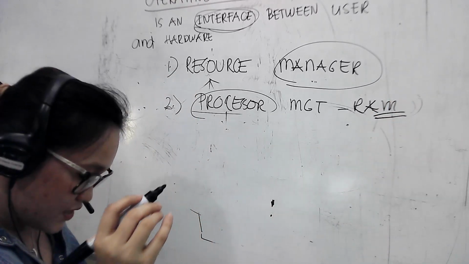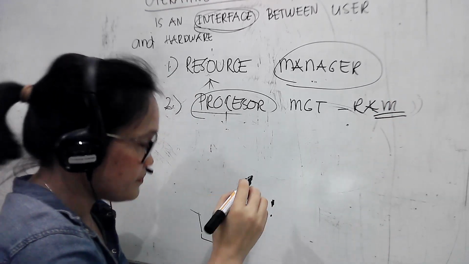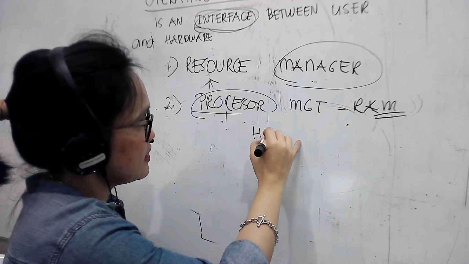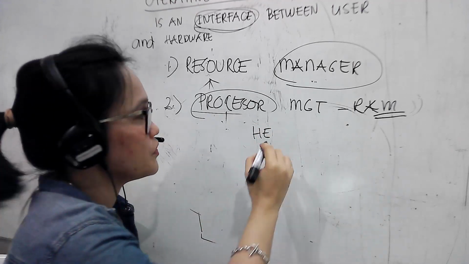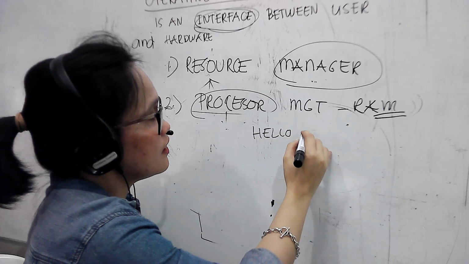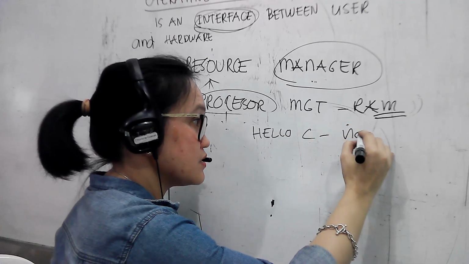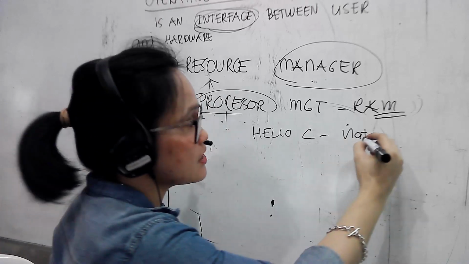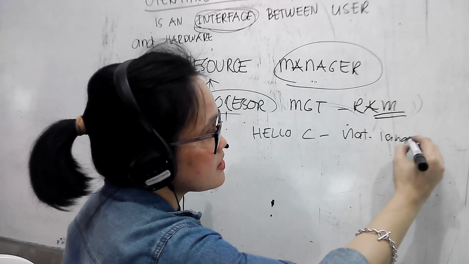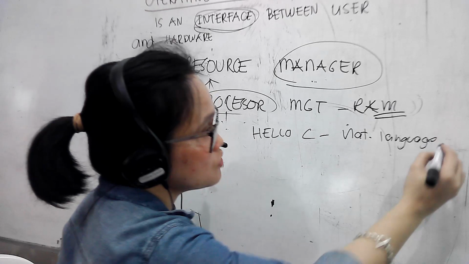So let's say we're going to write a certain very short program. Say hello C. This is the natural language, our language, which can be understood by a human being.